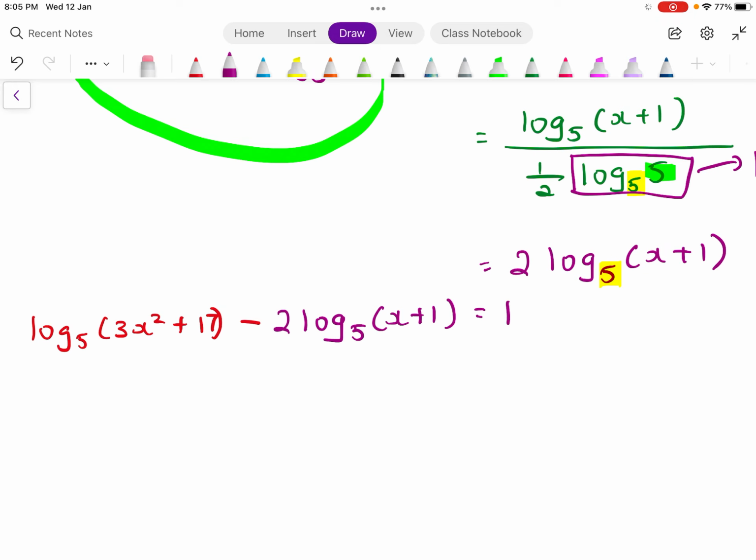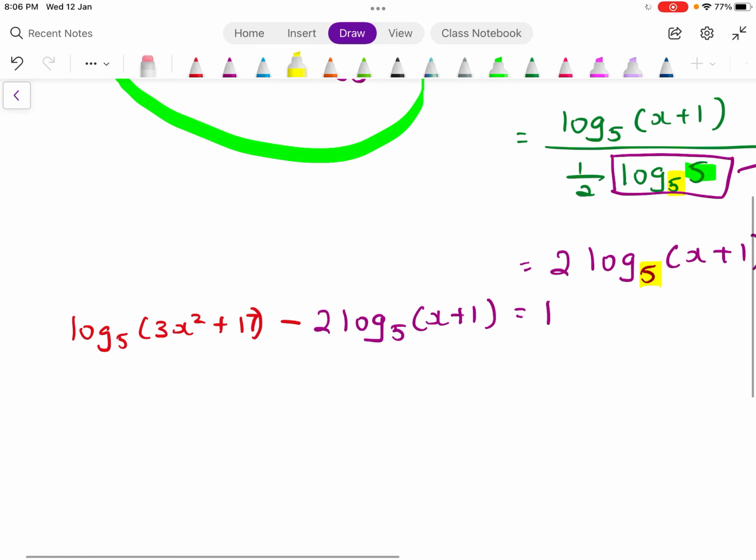But of course, before you solve this log equation, you must make sure that the coefficient of the log should be all 1. What do I mean by that? Notice for the red color log, the coefficient is 1 here, but the purple color log, the second term here, there's a 2. So you need to get rid of this 2. How do I get rid of this 2? Same thing, you need to memorize your rule.